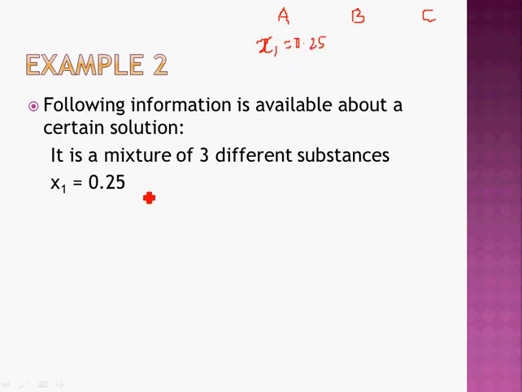Then the next information about the solution is that X2 is twice of X3. So X1 is 0.25, B is X2, and C is X3. X2 is basically twice of X3, that is 2 times X3.